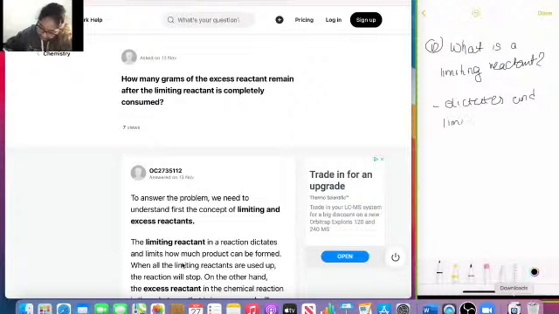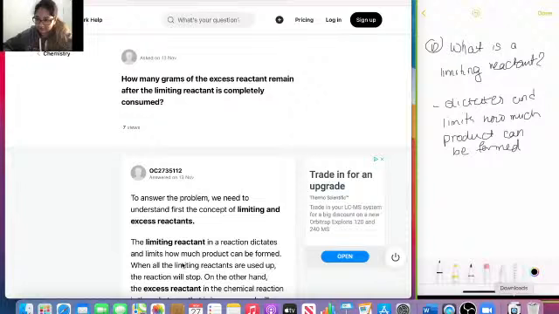It limits how much product can be formed. Basically from your reactants you make your products. So you would have a certain amount of reactant to produce a certain amount of products, right?